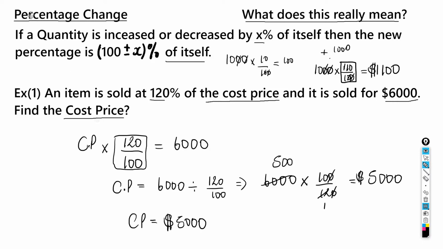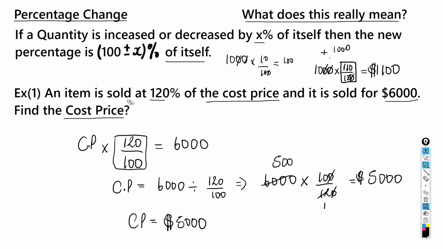So that's basically what this concept is about, guys. If they tell you that an item is 120% of itself, then all you have to do is multiply by 120 over 100, and you will find what the item is. I think this is a good example. And guys, you have to just sit and think things out. You have to use arithmetic and think it out.